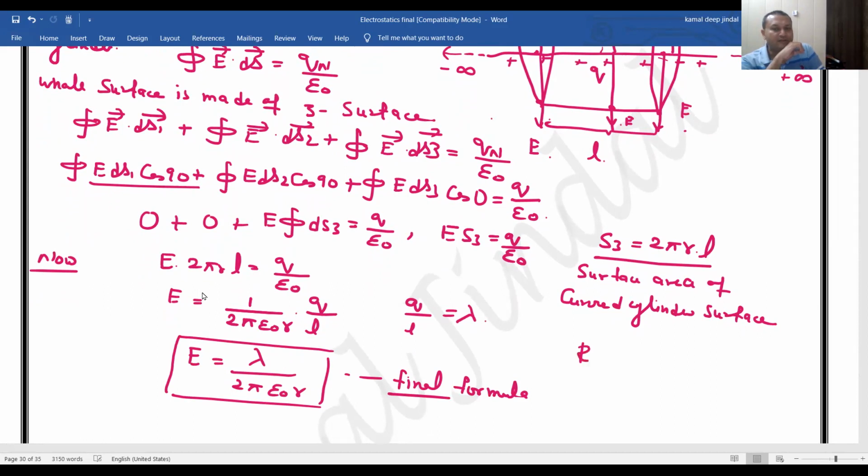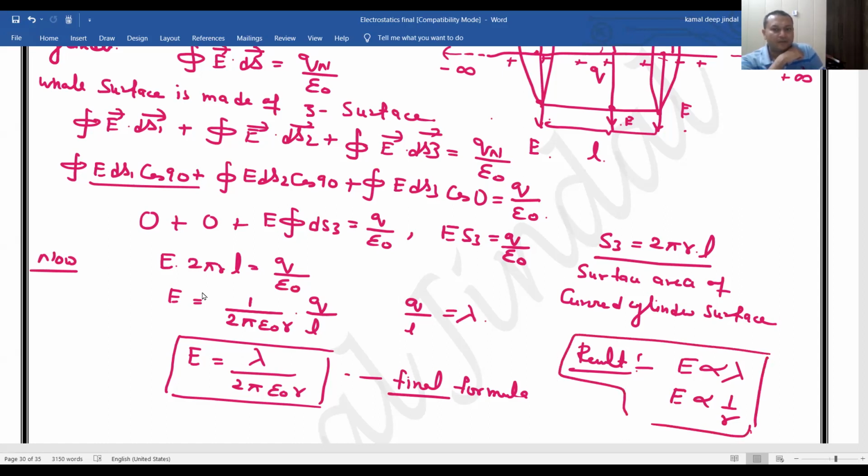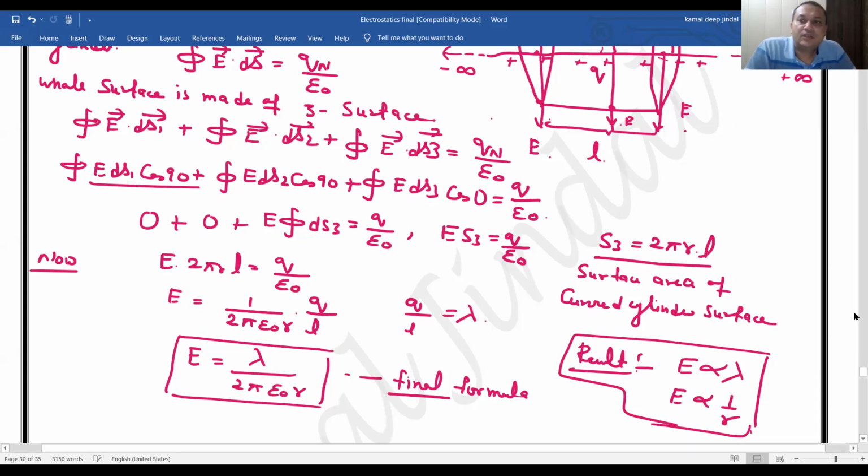So what is the result? You can write it over here. E is directly proportional to lambda and E is inversely proportional to r. So this is the whole result.